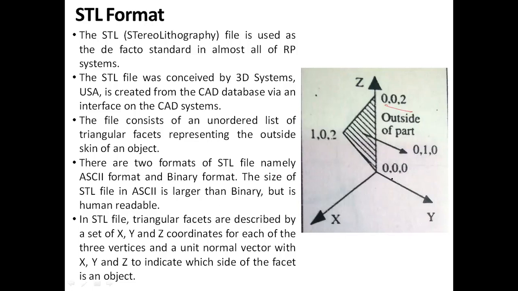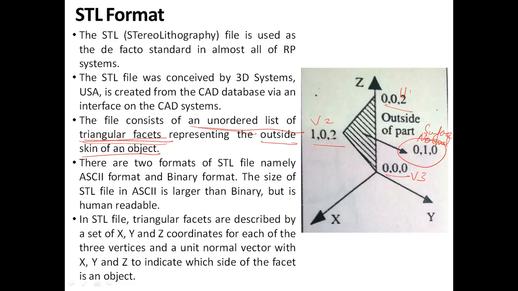Now, when you look into an STL file, what you generally find is something like this, where you have three vertices and you have the information of the surface normal. So this is the information of the surface normal, and these are vertex 1, vertex 2, and vertex 3. So an STL file is basically a set of an unordered list of facets, which are triangular in nature, definitely, and which represent the outside skin of an object.